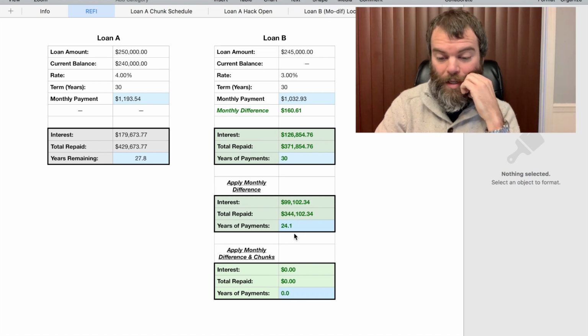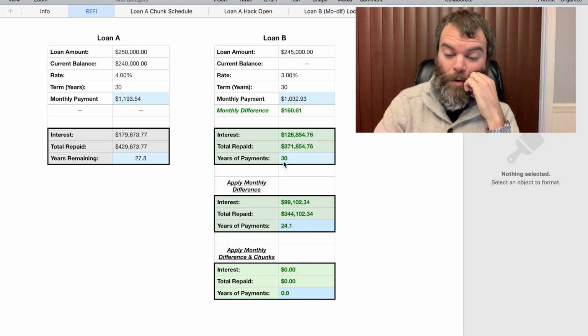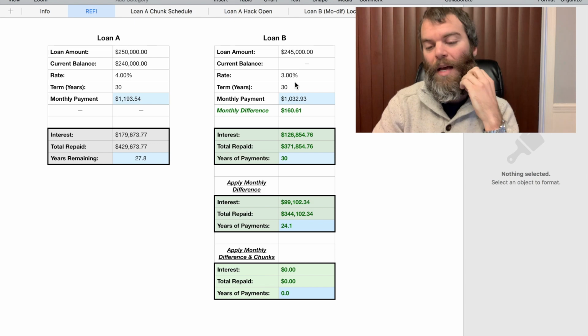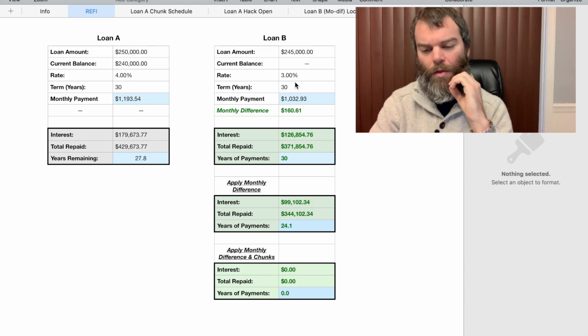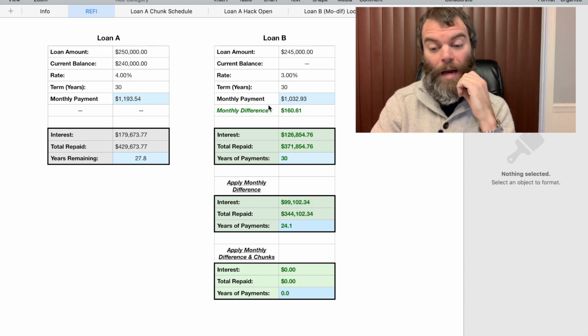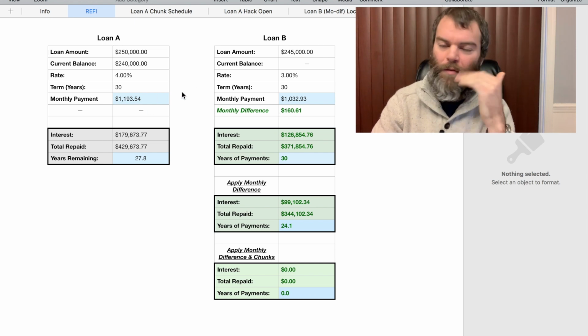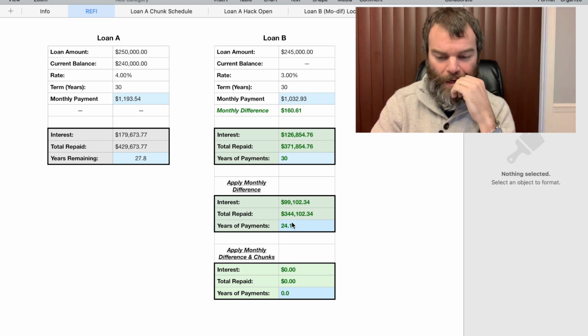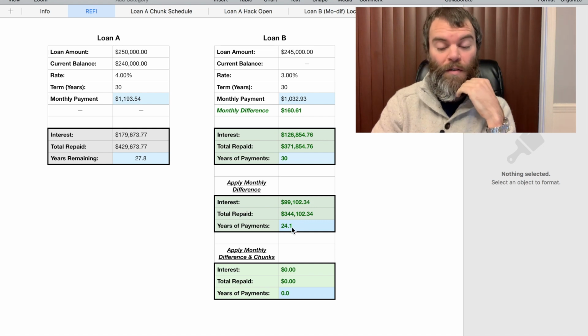And here's the cool thing: your years of payments, we're not paying for 30 years anymore. Even at a new loan, if you reset the clock and you have a 30-year loan, if you keep making your original payments of $1,500 a month or whatever they are, you will knock off almost 6 years of mortgage payments.